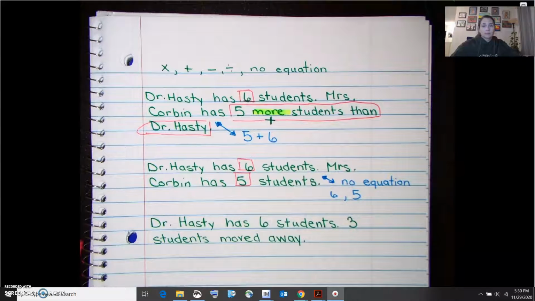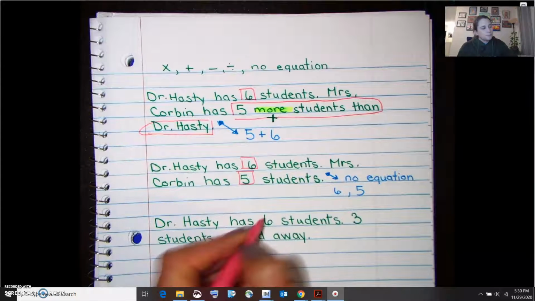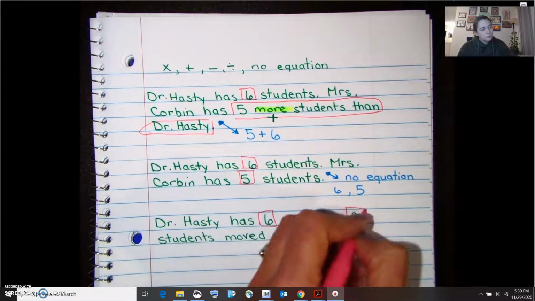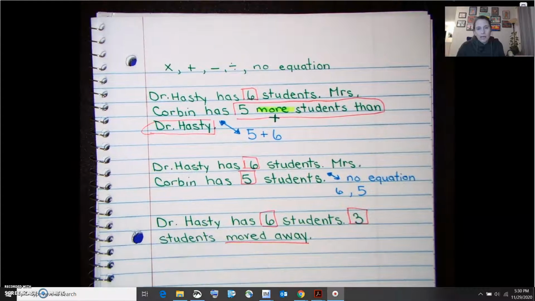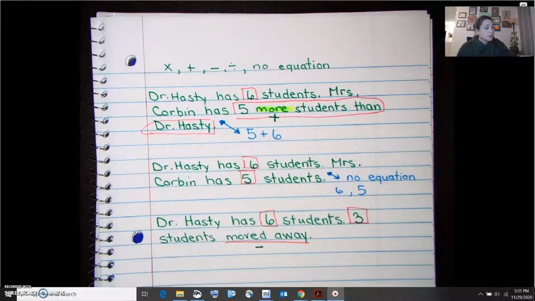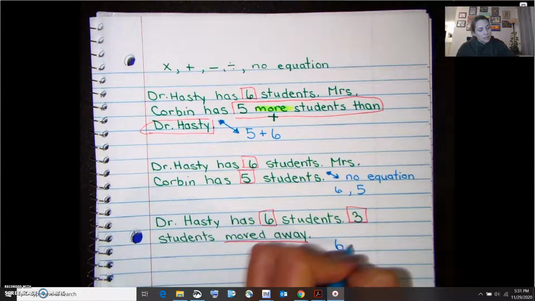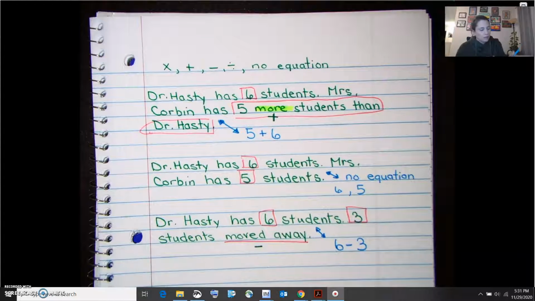Okay, so for this one, we have moved away. What does that mean? Moved away. That's right, that would be takeaway, minus. So our equation that would be with this one would be 6 minus 3, because our math word here is moved away.